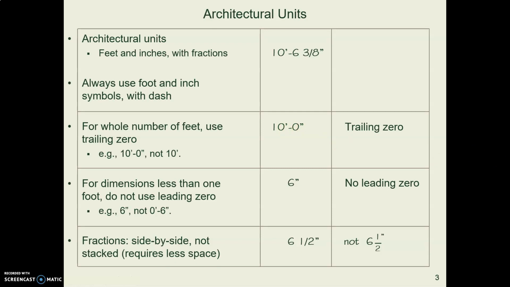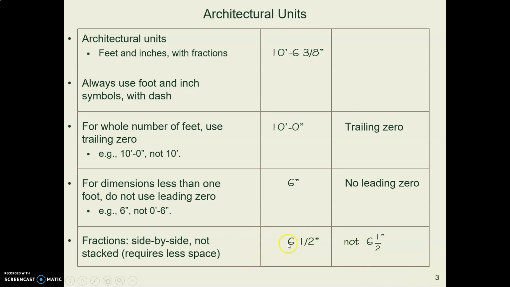If you are writing a size that is less than a foot, you do not put 0 feet, don't say anything about the feet, just write the inches. In other words, no leading 0. So if it were 6 inches, you would write 6 inch mark. And for fractions, we always write them side by side, that is, all in a line.